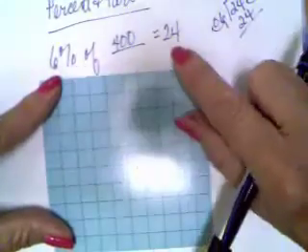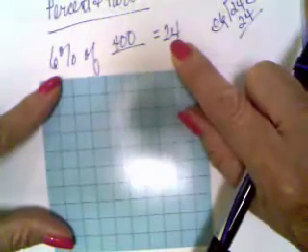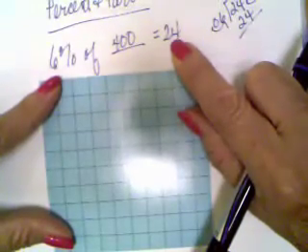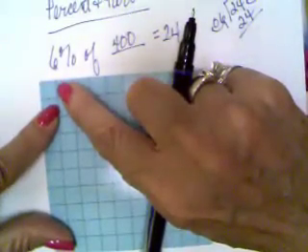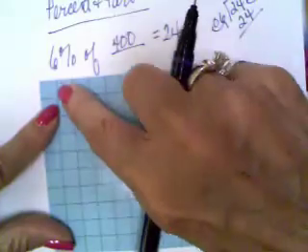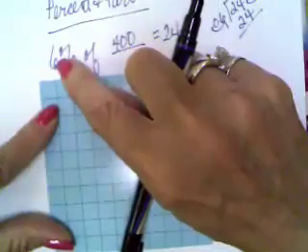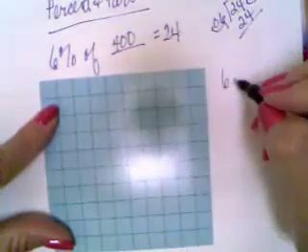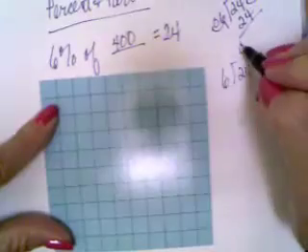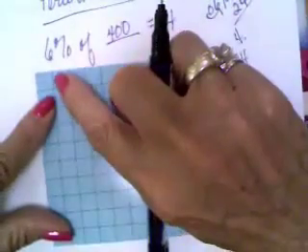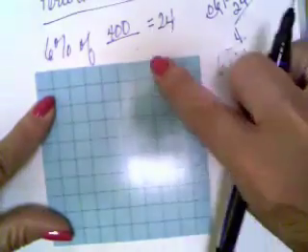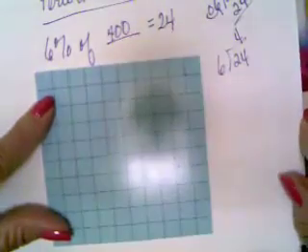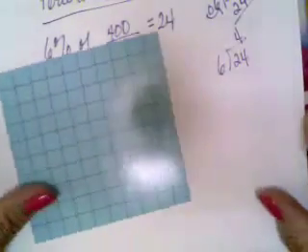So 6 into 24 means that each of these would have a value of 4, and you have 100 of them. So 1%, I could just take 6 into 24 to get 4. So each square has a value of 4, and you have 100 of those, so that would be 400.